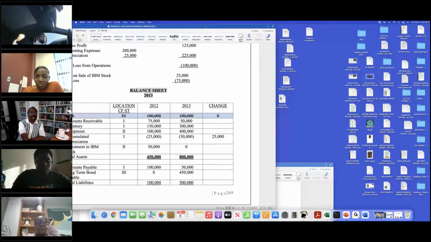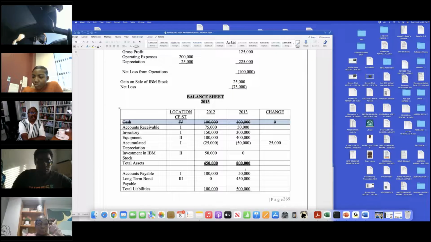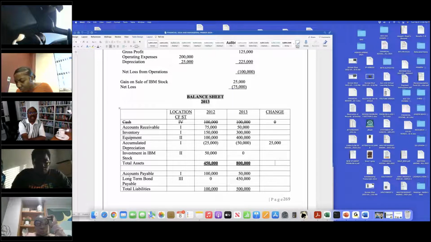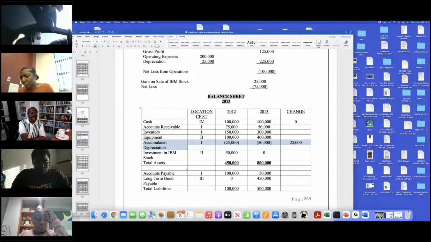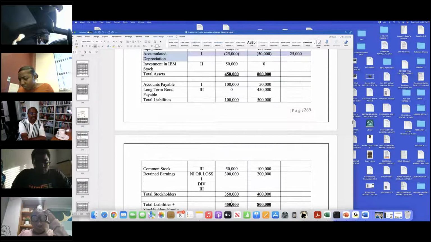So all we're trying to do is we got the change in cash. Now we've got to look at all these other changes. We've done this one already. And we also have done retained earnings as we put in the loss and the dividend.